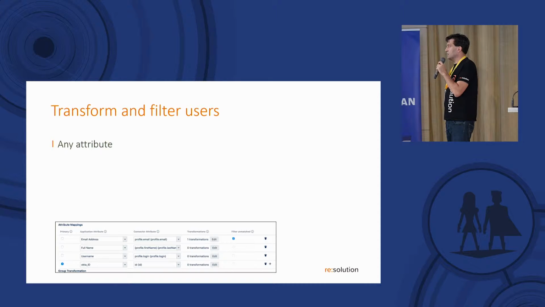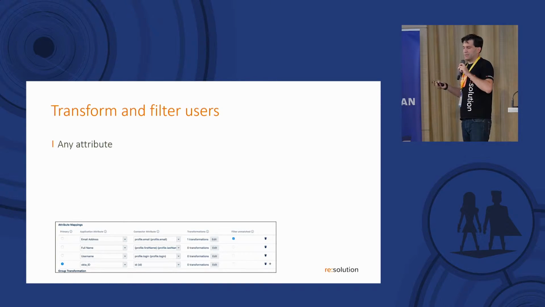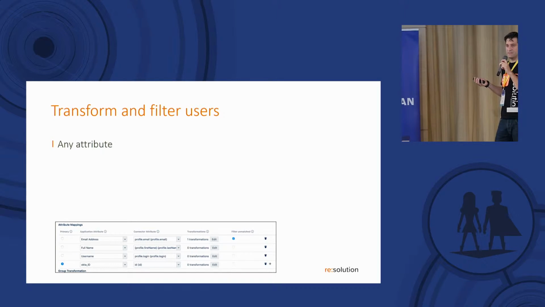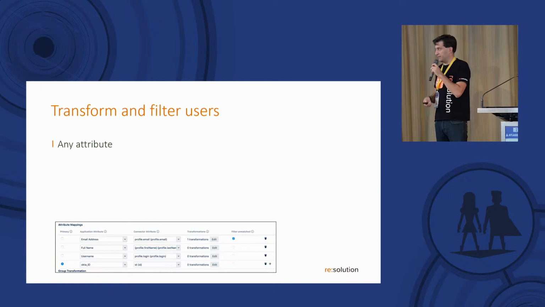And you can also add additional attributes which are stored alongside the users, which is not very useful in Jira yet, but there's more to come. But it can be very useful in Confluence, where you, for example, can fill these additional department fields or stuff like this, which Confluence provides.